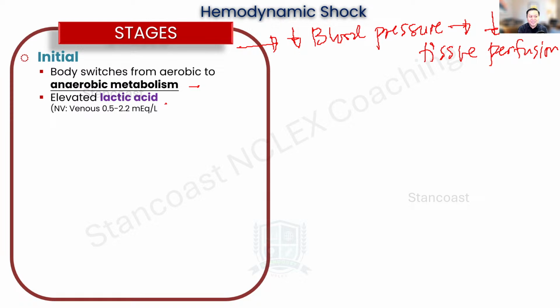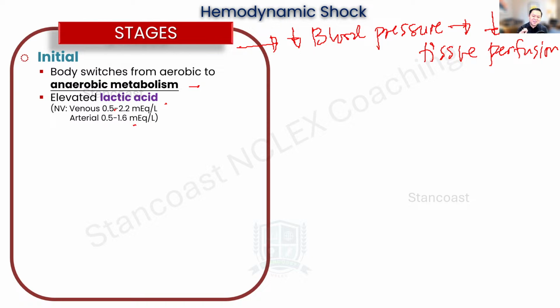All right. And so here we have a reference value for the lactic acid. For the venous lactic acid, it's 0.5 to 2.2 milliequivalents per liter or millimoles. Arterial lactic acid is 0.5 to 1.6 milliequivalents or millimoles. In some textbooks, it will have this kind of range, and in some textbooks, it will say 2 millimoles per liter.